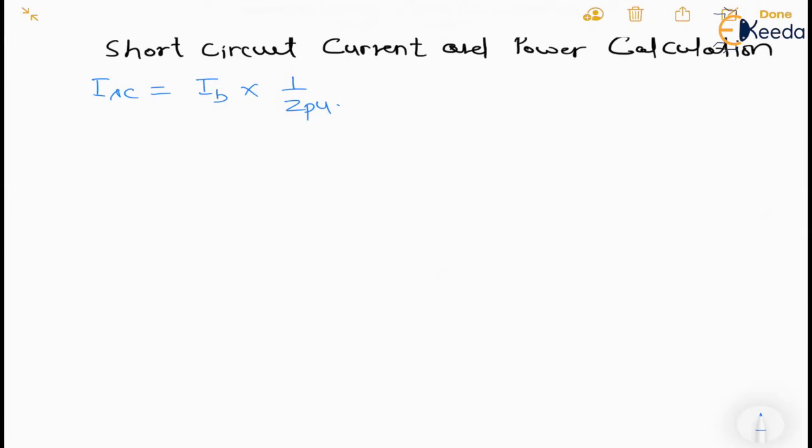What I am going to do is multiply root 3 into Ef on both sides, so root 3 times Ef into Isc is equal to root 3 times Ef into Ib into 1 upon Zpu basically.